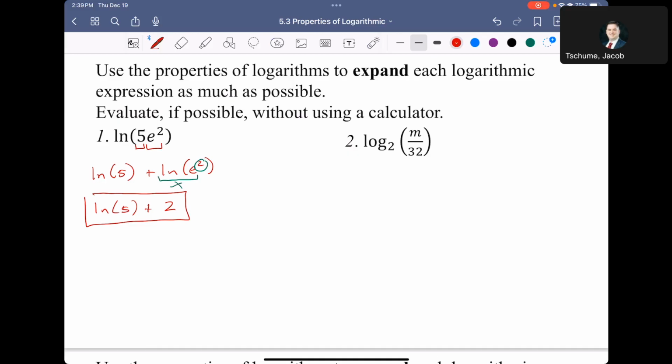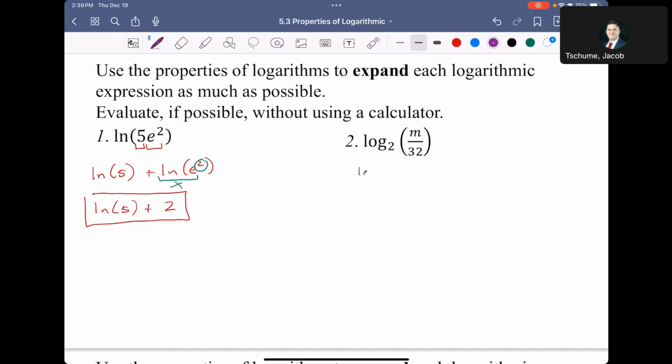Now, in my second example, we have log base 2 of m divided by 32. So in this one, instead of two things being multiplied together, we have two things that are being divided. So from our quotient rule of logarithms, anytime you're dividing two terms, you can break that up into subtraction.